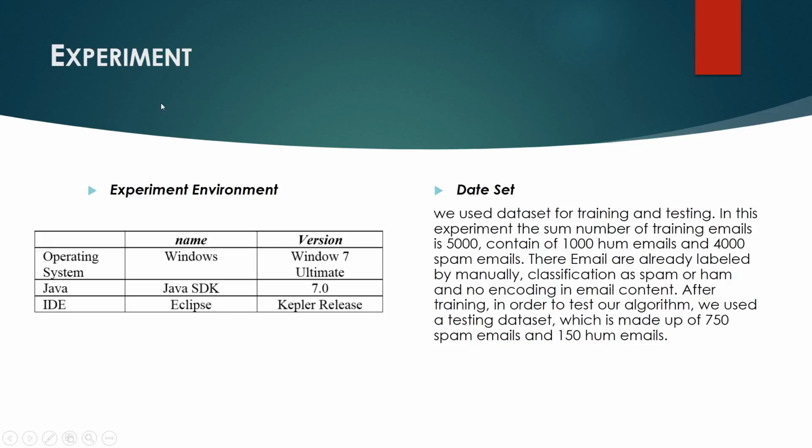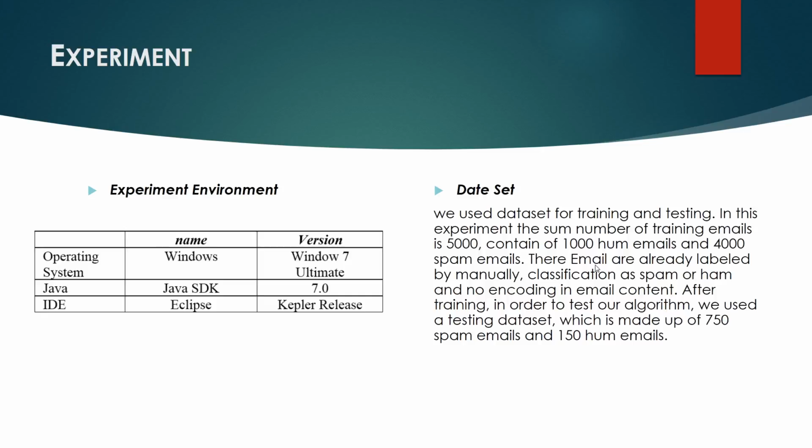So the experiment is here. We can see the dataset we use. Our training set of 5,000 emails contains 1,000 ham emails and 4,000 spam emails. These emails are already labeled manually.